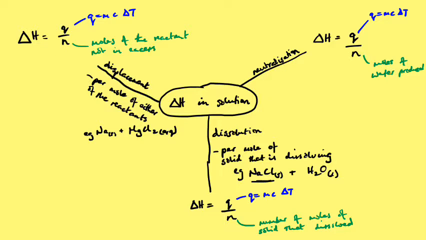So you will either be told to work out the enthalpy change for 1 mole of one of the two reactants, or if you're not told that, N would be the moles of the reactant that's not in excess.